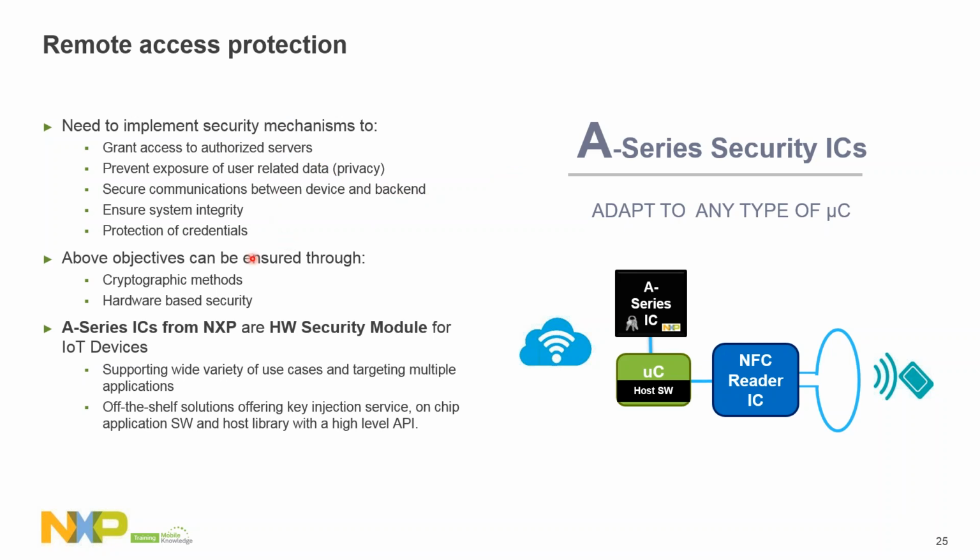And again, the objectives described here can be achieved by using cryptographic techniques and methods based on hardware security modules. And here NXP offers the A-series security ICs, which are hardware security modules oriented for Internet of Things devices. This is any device connected to the cloud.